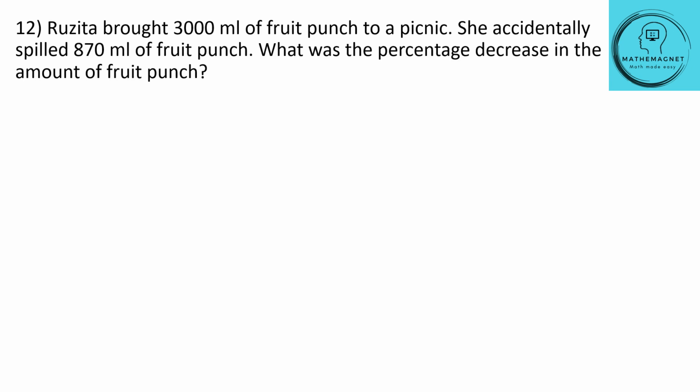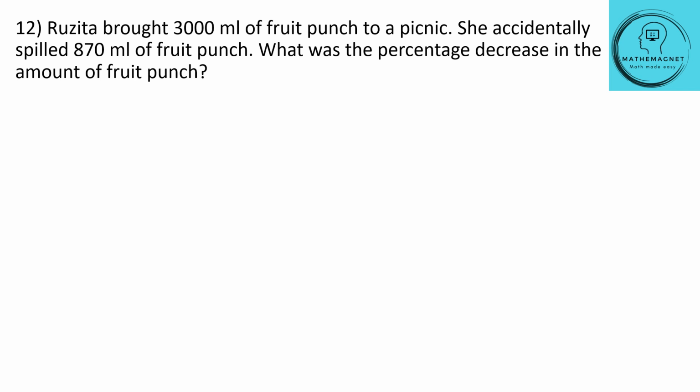Question number 12. Rosita brought 3000 ml of fruit punch to a picnic. She accidentally spilled 870 ml of fruit punch. What was the percentage decrease in the amount of fruit punch? So here 3000 ml becomes your base value, and she has spilled some of the juice, which means the amount of juice that she currently has has reduced.